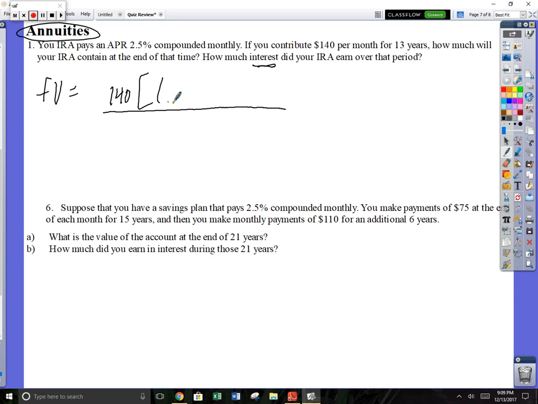Bracket, parenthesis, 1 plus the rate 0.025 over n, and compounding monthly, so that's 12, parenthesis, 12 times 13. Then I subtract 1, and then I close the bracket. And then on the bottom, I'm going to put 0.025 divided by 12.